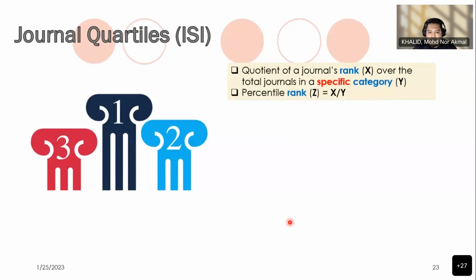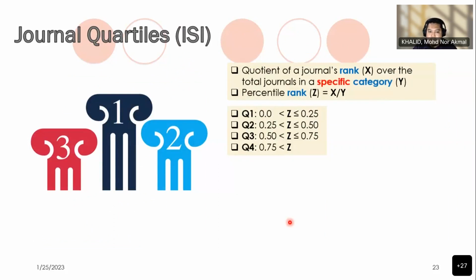Then the journal quartile usually is a specific ranking of the journal in a specific category of topic. So if you have a very specific topic like computer science, then in computer science, that journal will have some ranking, determined by this range.